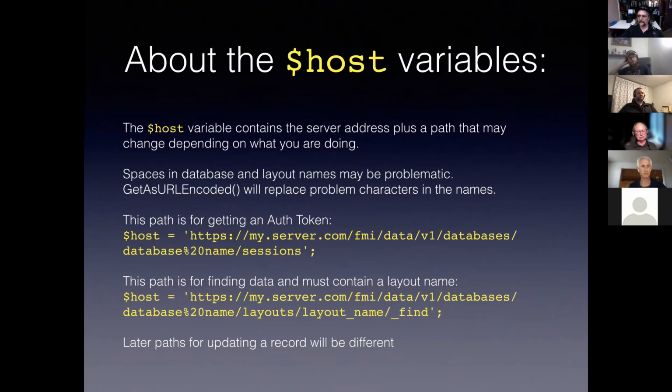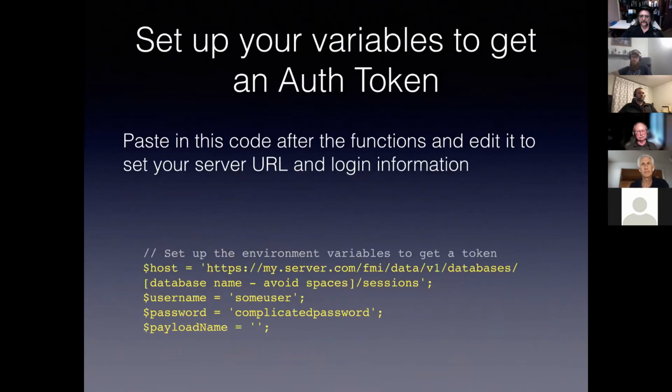A query ends in /_find. There's a couple other ones, but I didn't want to bog it down too much. But these are the exact same format as you'll see in the FileMaker Data API documentation. You do have to fill out your own server address, your own layout names, your own database names. But you'll see how it works here in a moment.